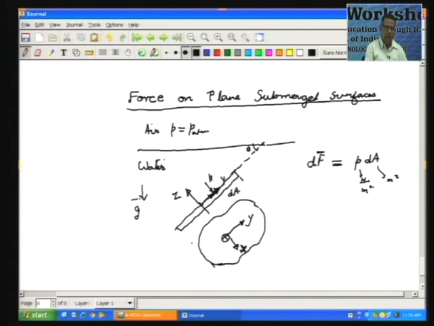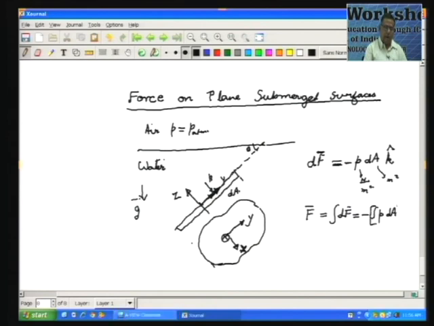Now, if you look at the vector force, then you have to say what is the direction. Now, we know that the direction is normal to this. So, it is in the k direction, but we have to put a minus sign because it is a compressive force and it is in the minus z direction. Now, I can take any area element, the direction always remains minus k. So, if I want the net resultant force vector, this is integral of this dF, which is minus integral of p dA.